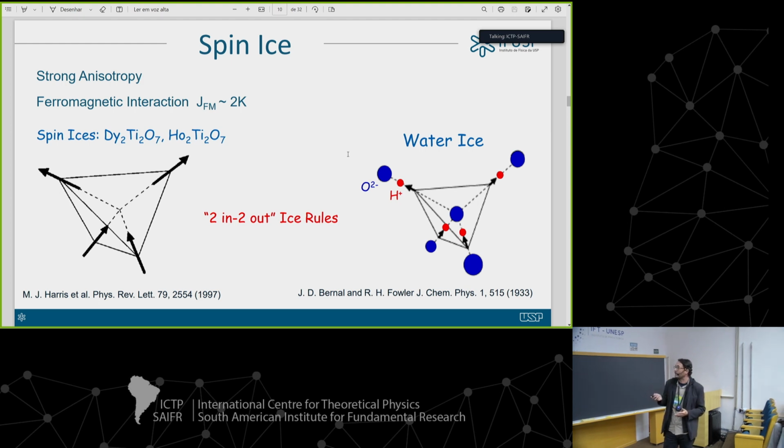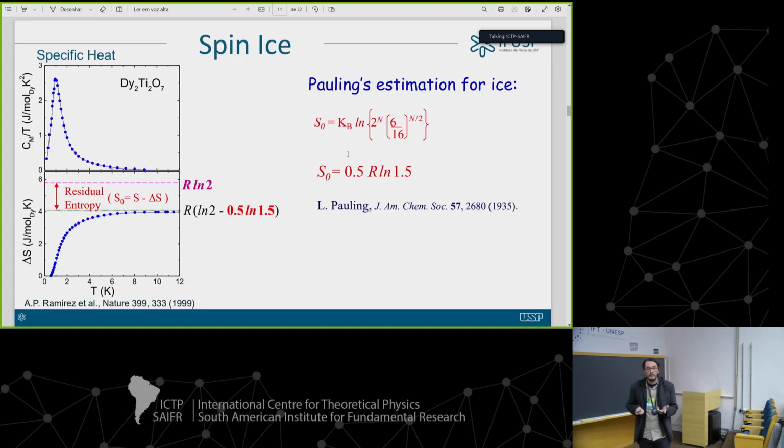This was pointed out in 1997, and this analogy became even stronger when people measured the presence of a residual entropy for the magnetic material, which is in very good agreement with the residual entropy observed in water ice. So what we do to estimate the residual entropy is just to measure the specific heat down to low temperatures.